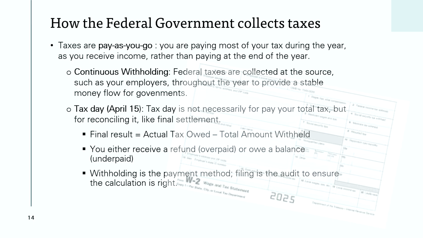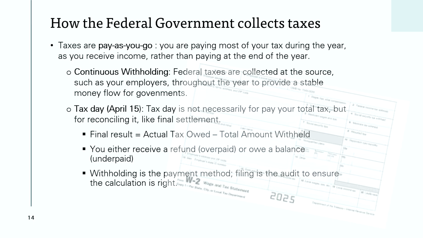The US operates on a pay-as-you-go tax system. It means that you pay taxes throughout the year as you receive income. Through continuous withholding, your employer sends a portion of your paycheck directly to the government to provide a stable money flow.